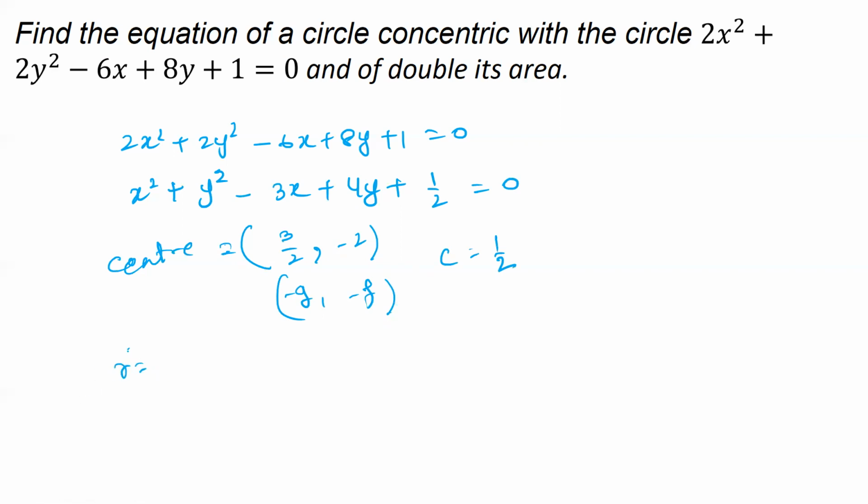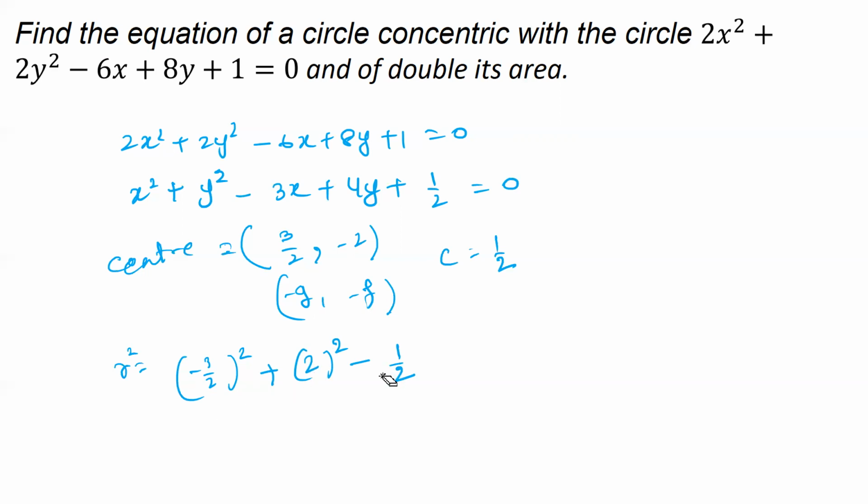My radius square is equal to g squared, means minus 3 by 2 the whole squared, plus f squared, which is 2 square, minus c. So this minus g is 3 by 2. That means g is minus 3 by 2. And minus f is minus 2, and that is why f is 2.